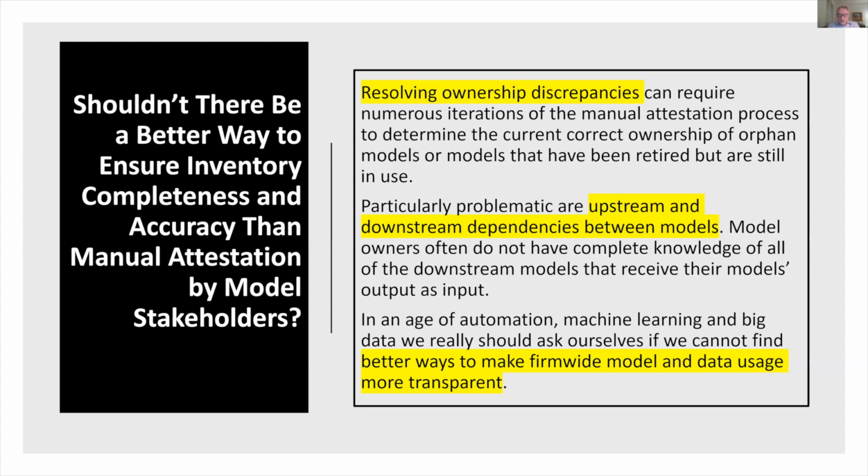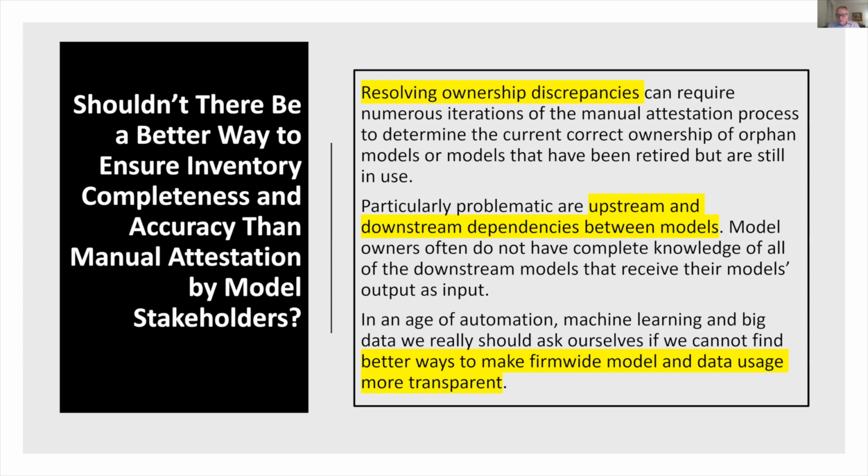I personally had this experience many times when I would send a list of models to the stakeholders, the owners, based on the information that was in inventory. I would send them, say, a list of 15 or 20 models during the annual attestation, saying, are these your models? Do you agree that you own them? And sometimes they would get back an answer that said, yeah, 14 of those models are ours, but I don't recognize those other two.